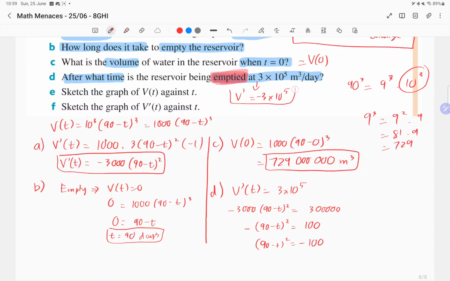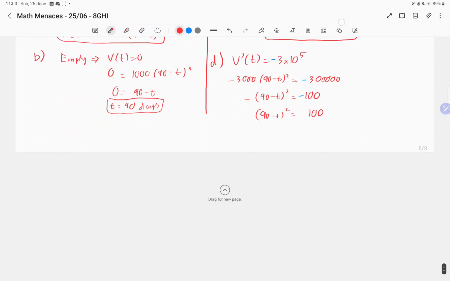Does it make sense why I add the negative in front of the 3 times 10 power 5? Because it's being emptied, so the volume is decreasing. The derivative gives you the rate of change, and if the volume is decreasing, then the rate is negative. So when you put a negative there, it makes sense. At the end, there will be no negative, and then you can solve it.